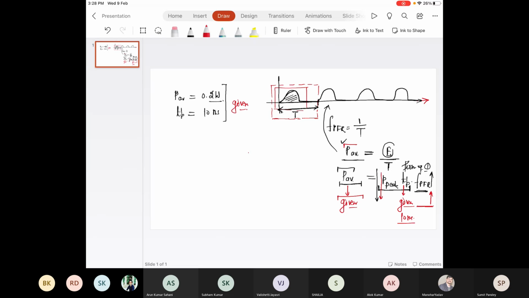And one additional parameter is also given, that is peak power of a pulse, P peak, 2 kilowatt. So calculate what should be the maximum pulse firing rate that can be attained. Solve this.